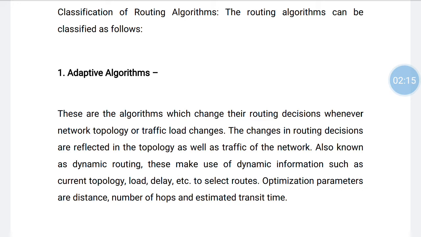An adaptive routing algorithm is also known as a dynamic routing algorithm because it changes the path when the network load is changed. The main parameters related to this algorithm are hop count, distance, and estimated transmit time.